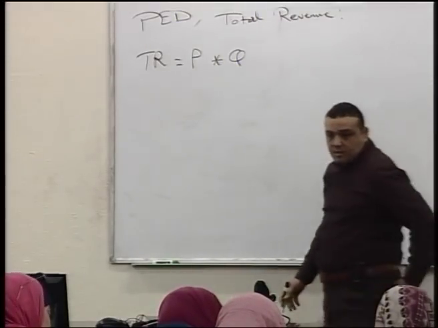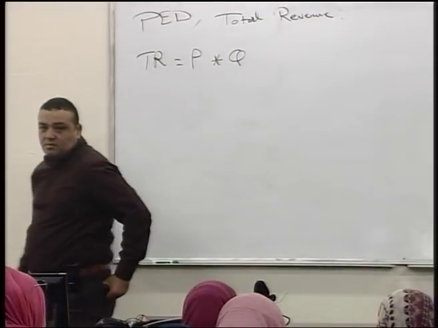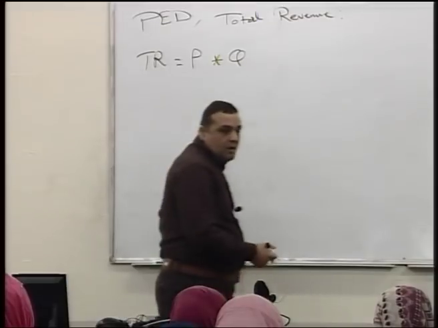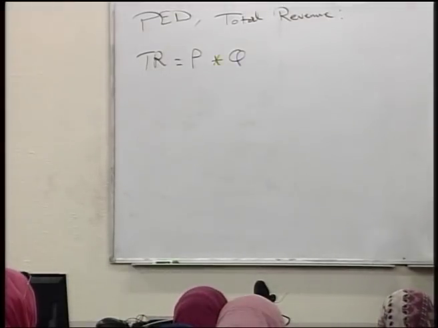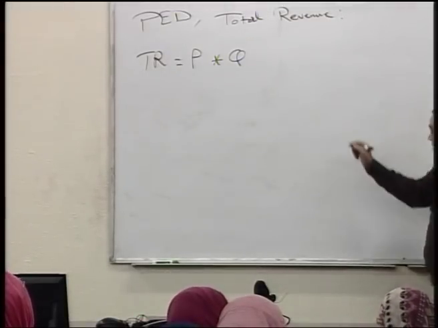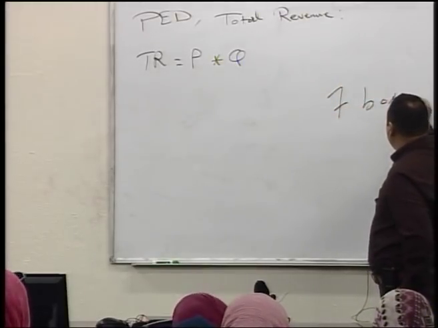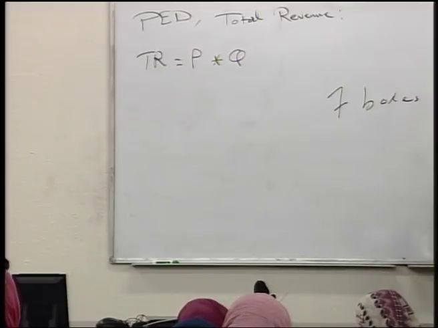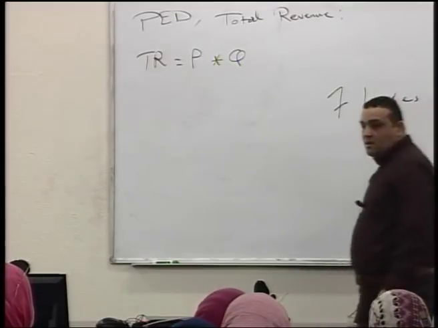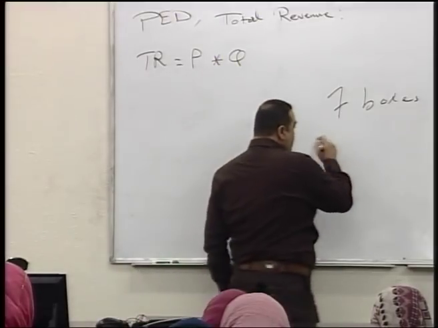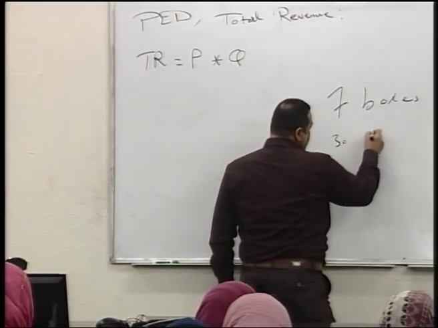Okay? Let us assume that someone of you is a seller and you went to the market, you have 7 boxes of orange. The price per box of orange equals 30 shekels.